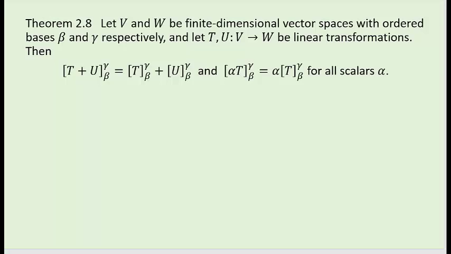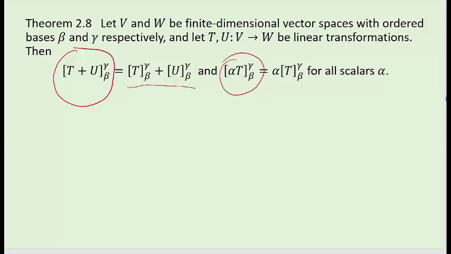Let V and W be finite dimensional vector spaces with ordered bases beta and gamma respectively, and let T and U be linear transformations from V to W. This is just saying that the matrix for the sum of the two linear transformations turns out to be the matrix for T plus the matrix for U. And also the matrix for alpha T, where alpha is an element of the field, is the same thing as alpha times the matrix for T.